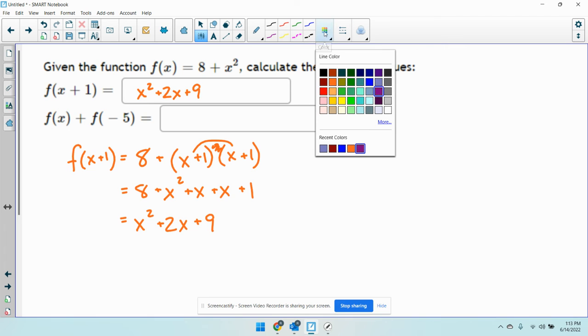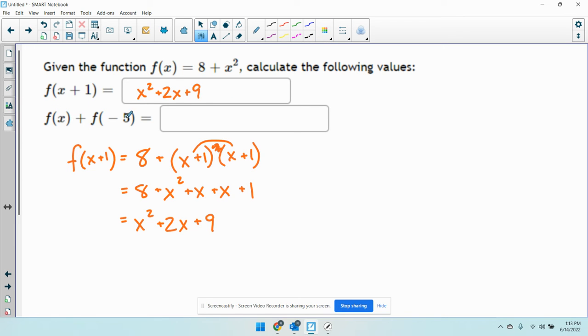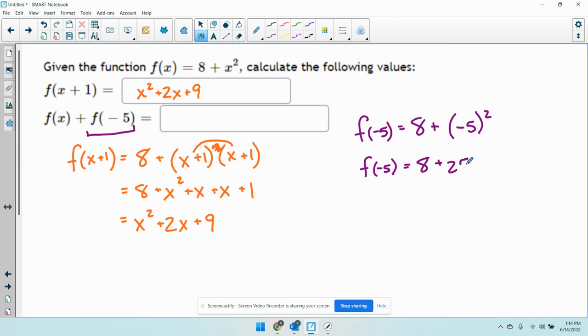The second one is just going to be f of x plus f of 5. So first thing I can do is just figure out what is f of -5. It'll make it easier. F of -5 is 8 plus -5 squared. Make sure you use parentheses. F of negative 5 is 8 plus negative times a negative, that's a positive 25.